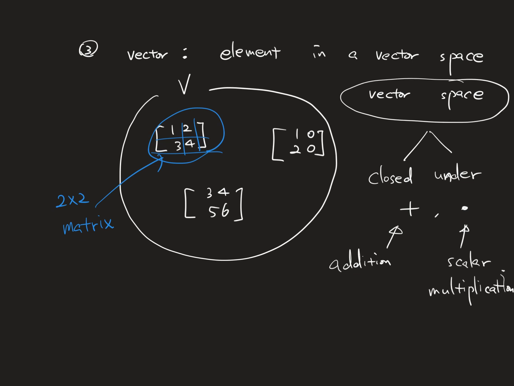So we're going to learn 2 operations, addition and scalar multiplication, and it should be closed. Otherwise, we cannot call this set V a vector space. So a vector space is a set that satisfies closedness under addition and scalar multiplication.